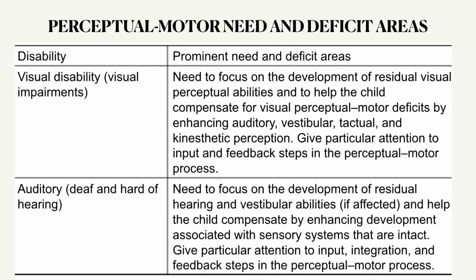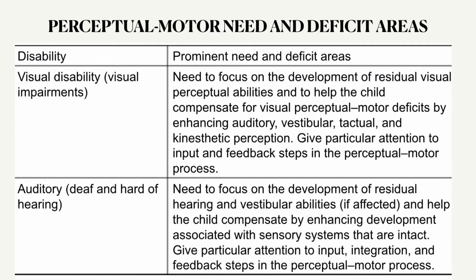In this next slide, I'm going to show you certain disabilities and how we are going to address their needs. For example, for a student with a visual disability, you need to focus on the development of residual visual perceptual abilities and help the child compensate for visual perceptual or motor deficits by enhancing other sensory information.